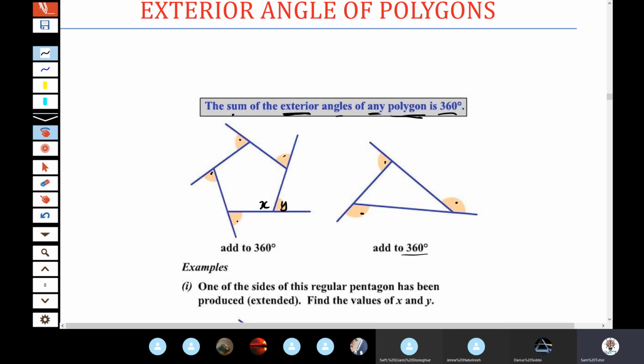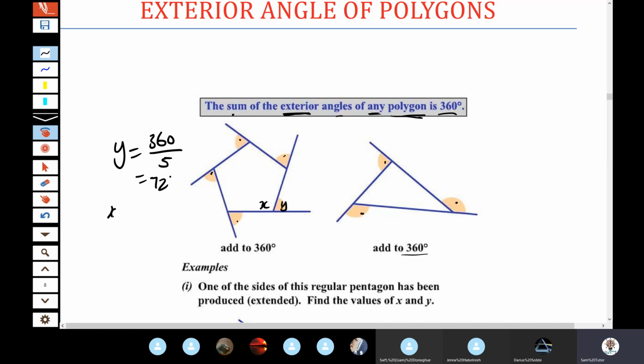Well, what do you know? You know that all of these 5 angles need to add up to 360, right? So y must be 360 degrees divided by 5. 360 divided by 5 should give you 72 degrees.